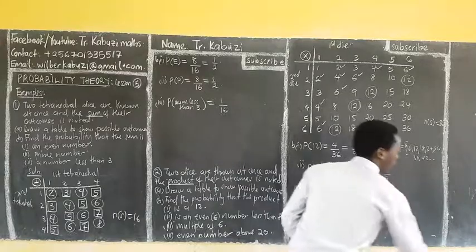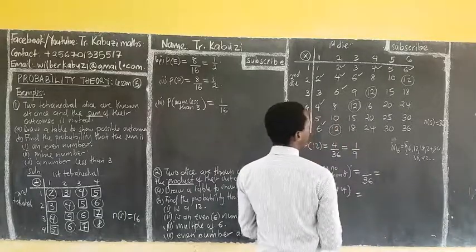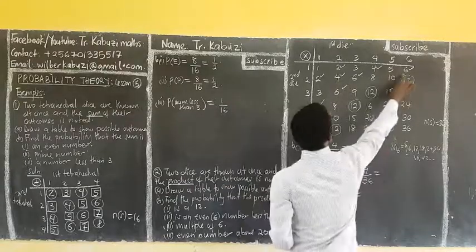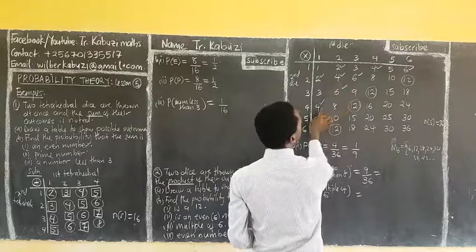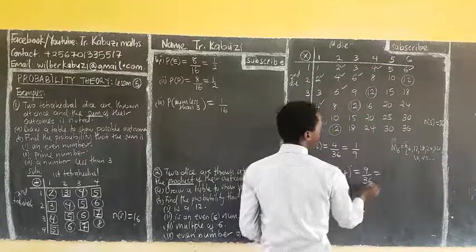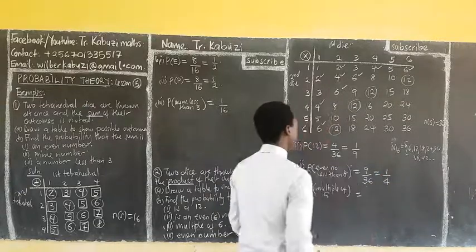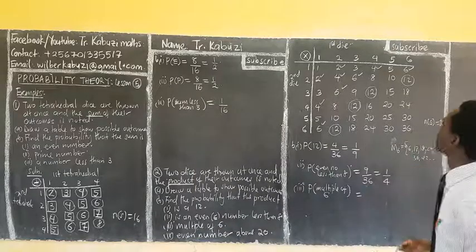So they are 9, which you can reduce to 1 over 4. Sorry about that.